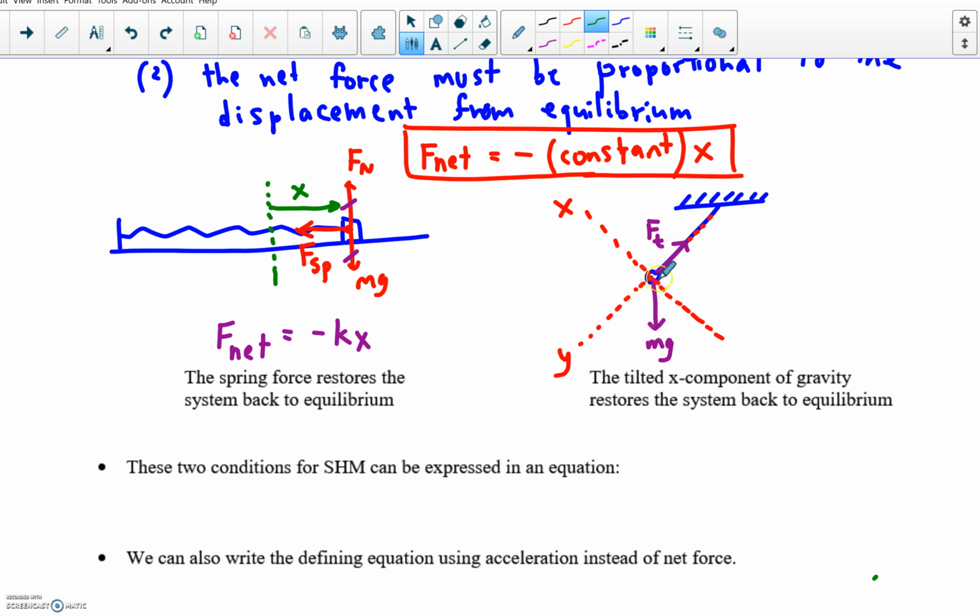Force of gravity, though, that's not on the y-axis. So let me draw a tilted x component and a tilted y component. We can see that the y component will cancel the tension force. So the net force will just be that tilted x component. You see where that thing is pointing?